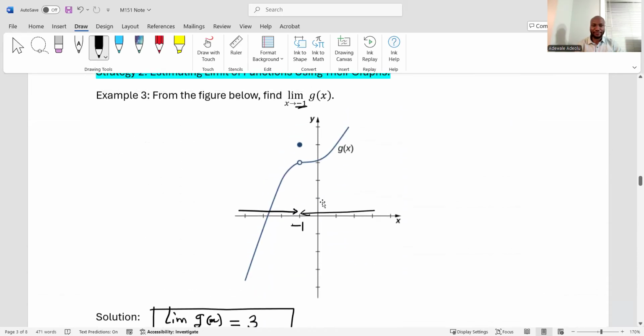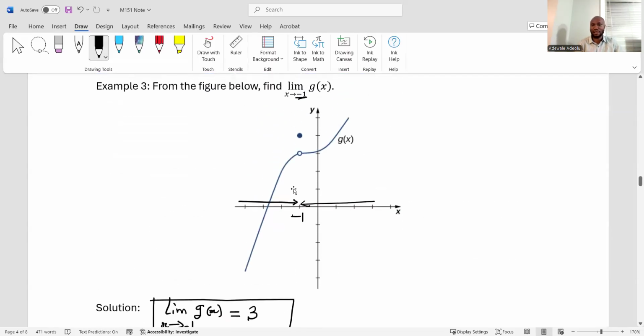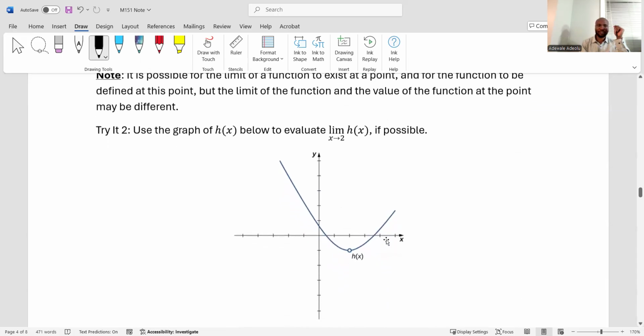So we are saying that it is possible for the limit of a function to exist at a point and for the function to be defined at this point as well. But the limit of the function and the value of the function at the point may be different, as we have in this case. It is possible they are the same. It is possible they are not. We will have some examples in that regard as we continue.